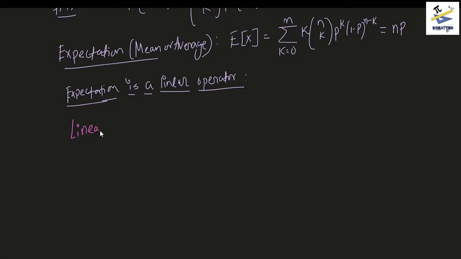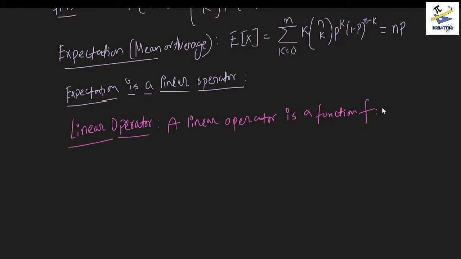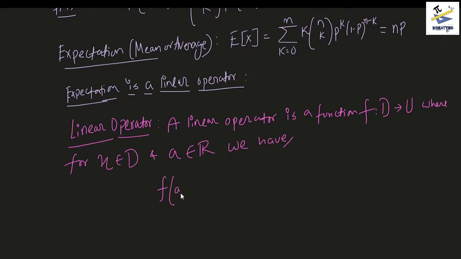A linear operator is a function. We can define a function f from D to U, where if you take an element x belonging to D, which is the domain for the function, and a belonging to the real numbers R, we have f of ax equals a into f of x.